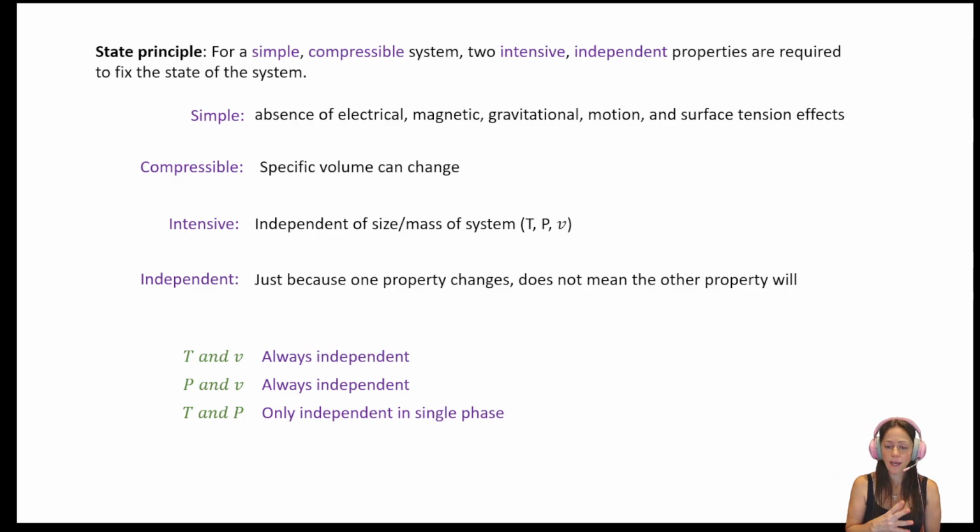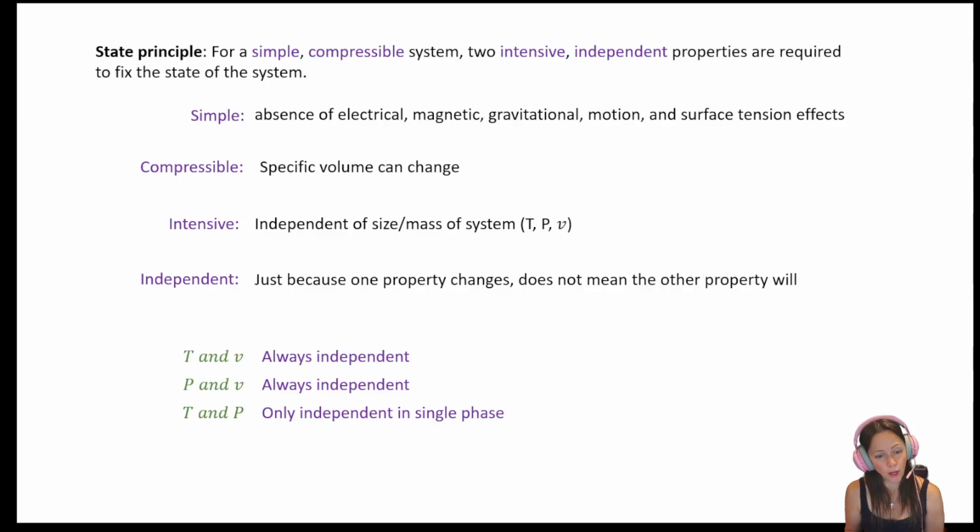Remember, fixing your state means that I can figure out any other properties I want to know about that system. So temperature and specific volume, check. Pressure and specific volume, check, always independent of one another, and they will allow you to fix the state.